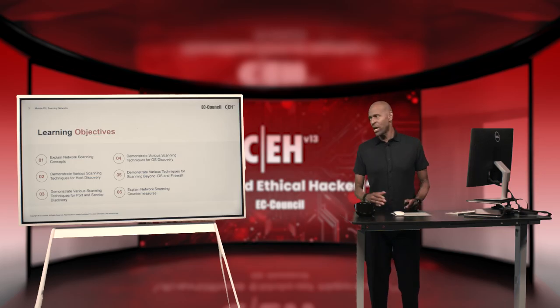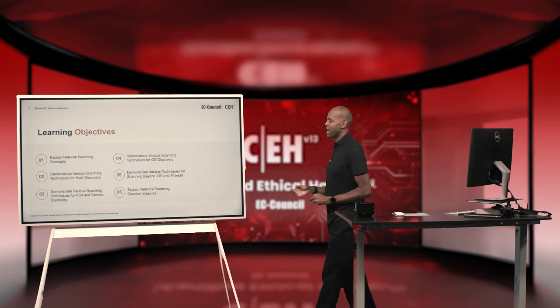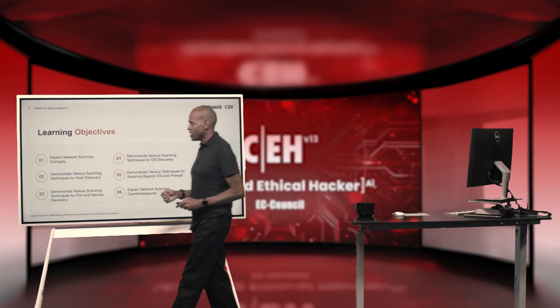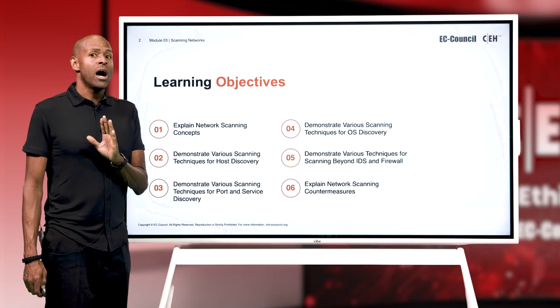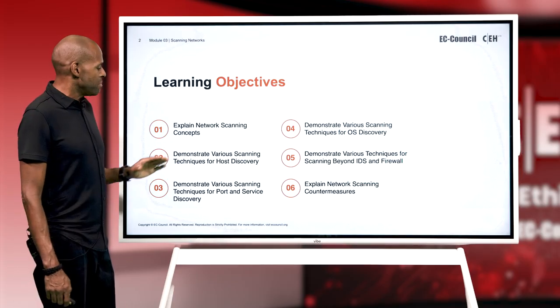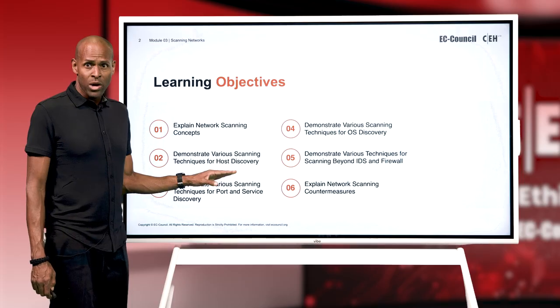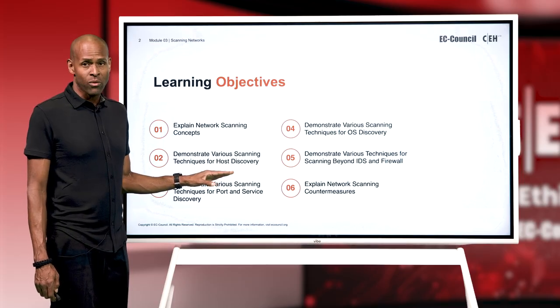All right, let's have a look. We're going to start off, if you look at the far left side, I almost said right, but it's on the left side over here. We're going to start with just what scanning is. We're going to look at some of the concepts, and then we're going to look at some of the techniques that we need to use for host discovery. Now, I need to contrast because at this point, we're only discovering hosts on the network.